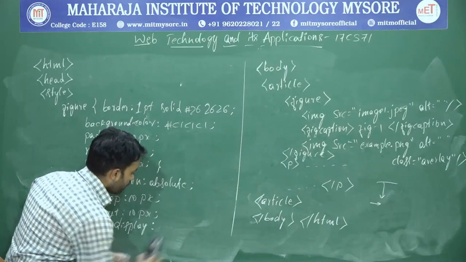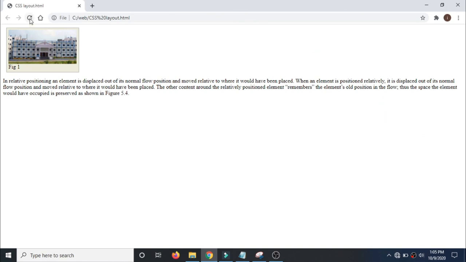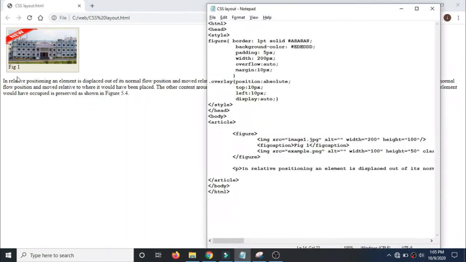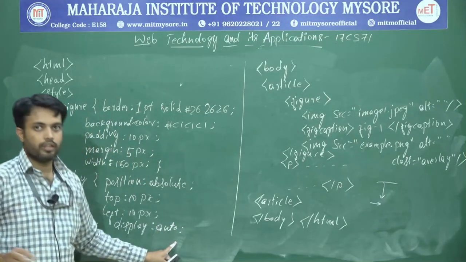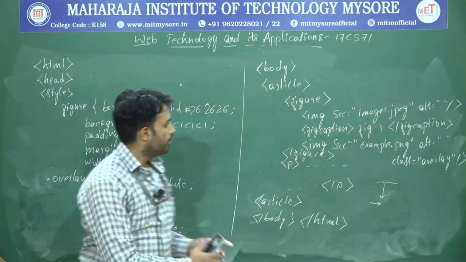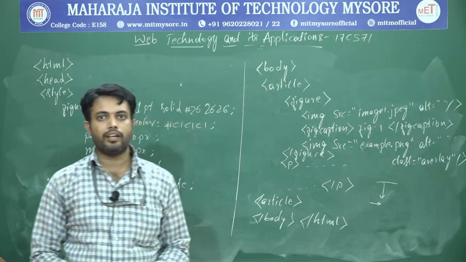And again, if it is auto, it automatically displays the second image on top of the first one. Likewise, as I already mentioned, overlaying and hiding.